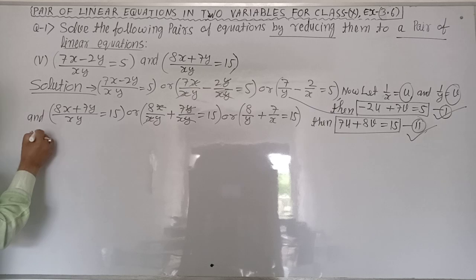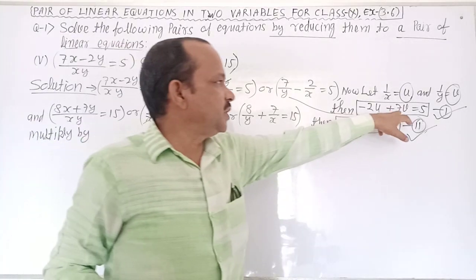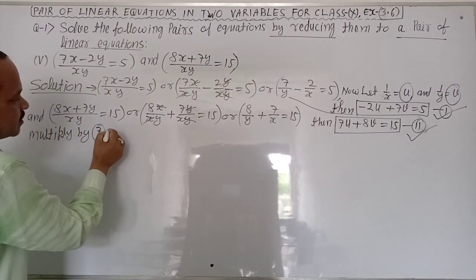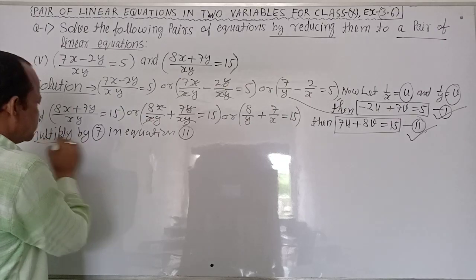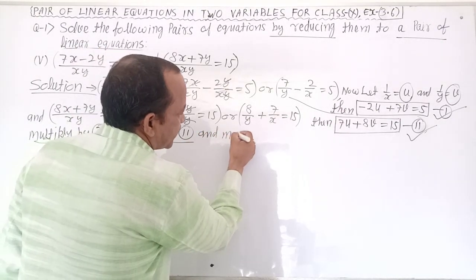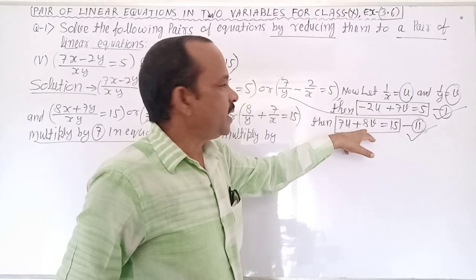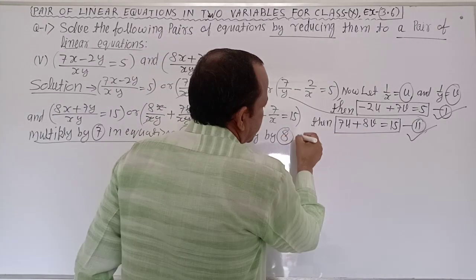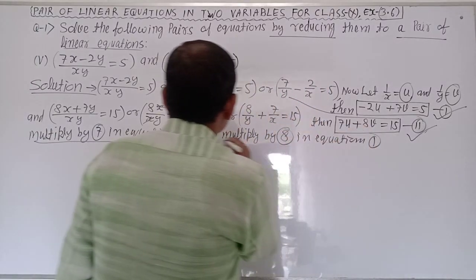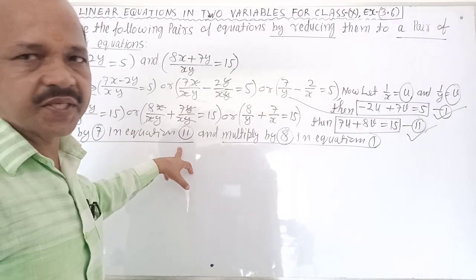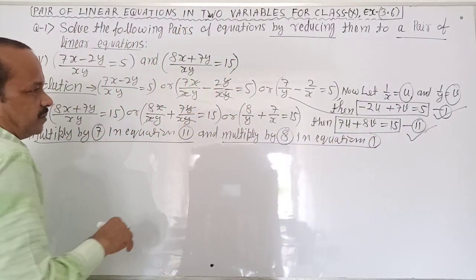Multiply by 7 in equation second and multiply by 8 in equation first. Here 7, here 8. Clear?